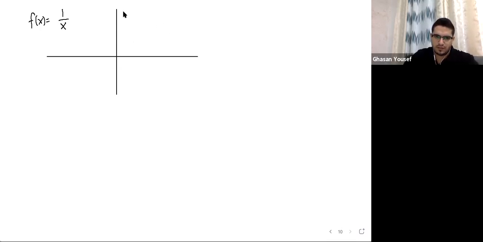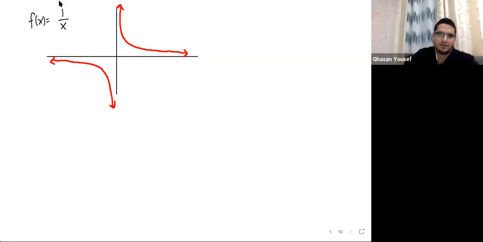So the function should be like this. It is close to the y and close to the x, and on this side it's close to the negative y and close to the negative x, like this.